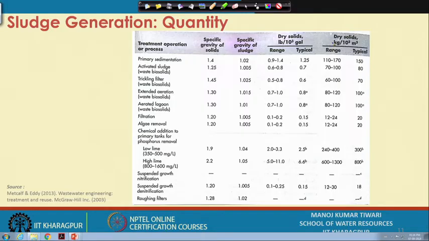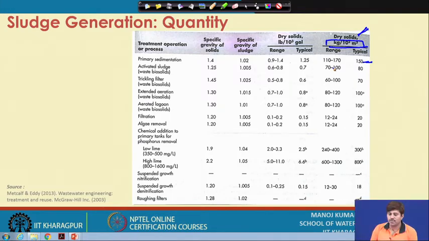If we see in kg per 1000 meter cube, particularly the dry solids, the primary sedimentation produces around 150, the range is 110 to 170, but typically 150 kg per 1000 meter cube of wastewater treated, and the specific gravity is typically 1.8.